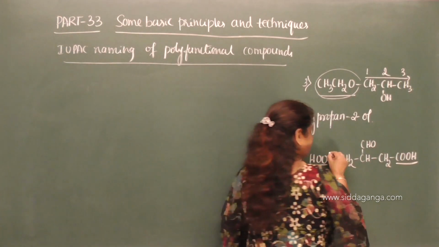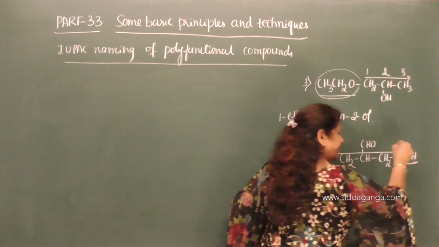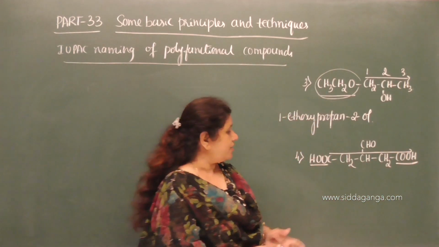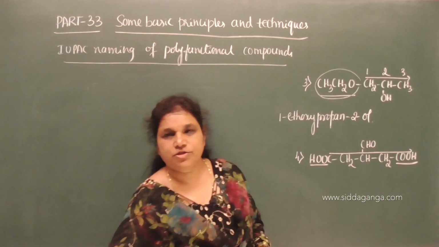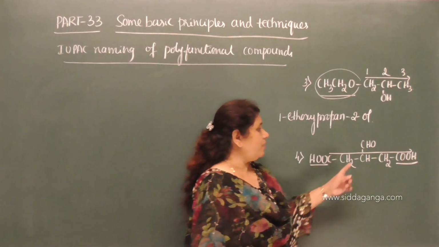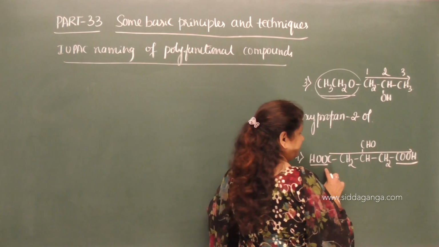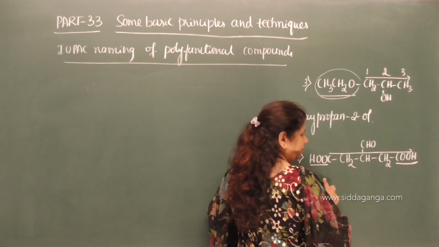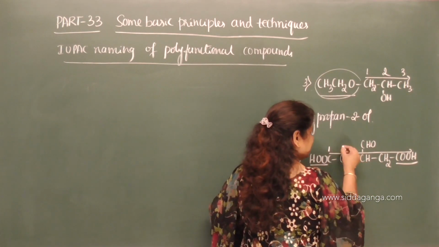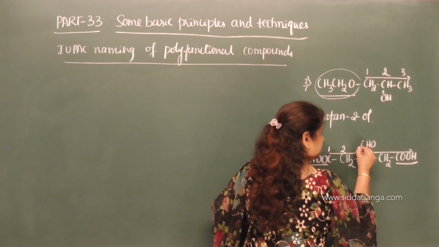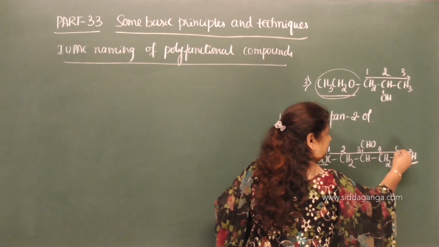Now you select this carbon chain, and in this case we have to consider the carbon atoms of the COOH groups in the root word, but not the carbon atom of the aldehyde. Now give the number either from left to right or from right to left. The sum of the locants remains the same: 1, 2, 3, 4, 5.